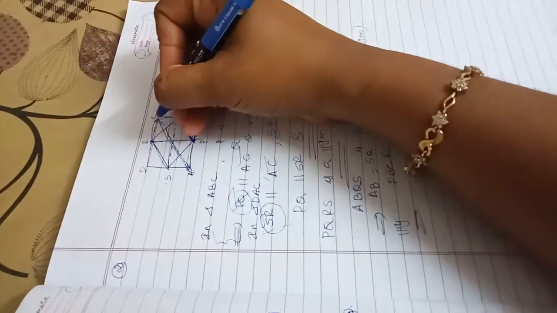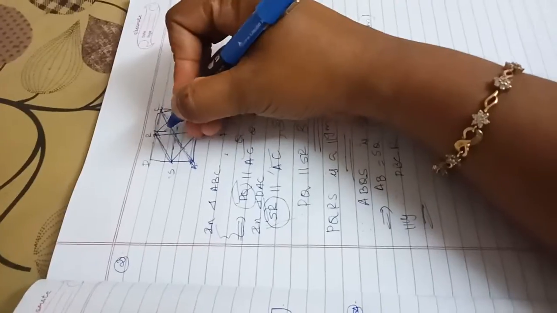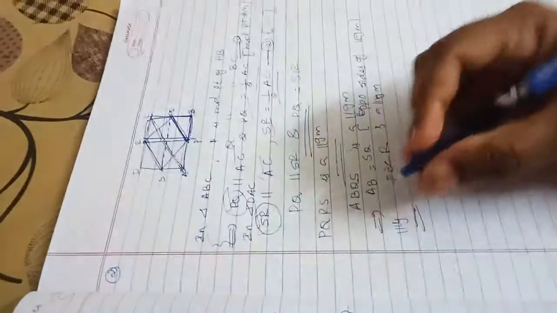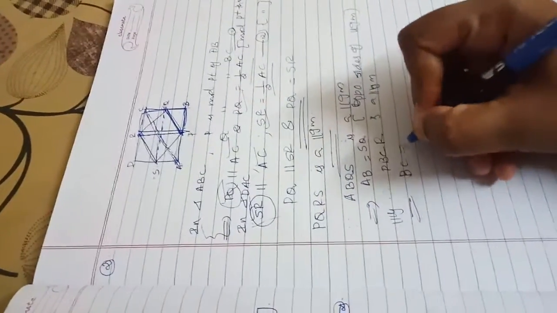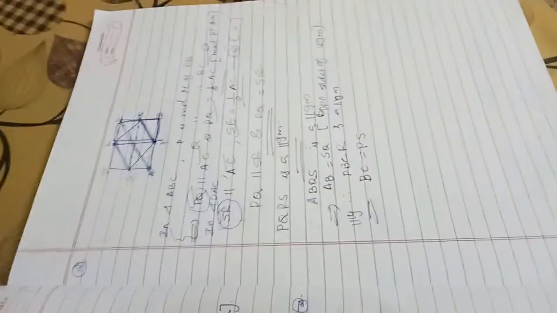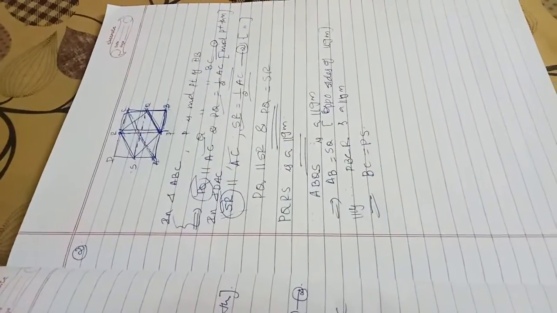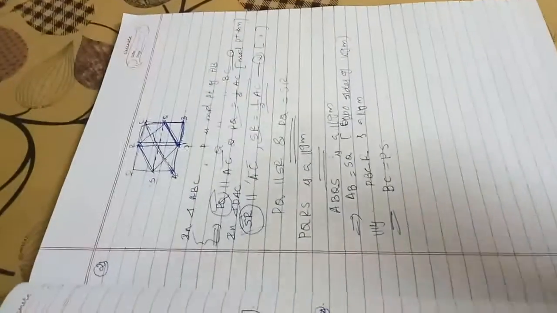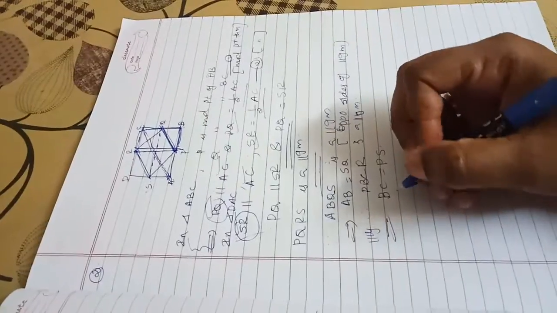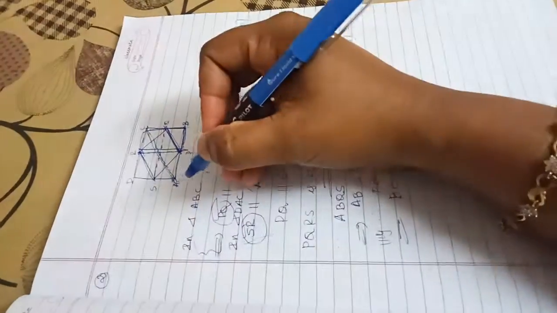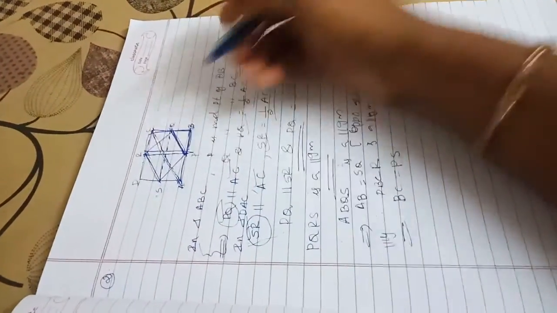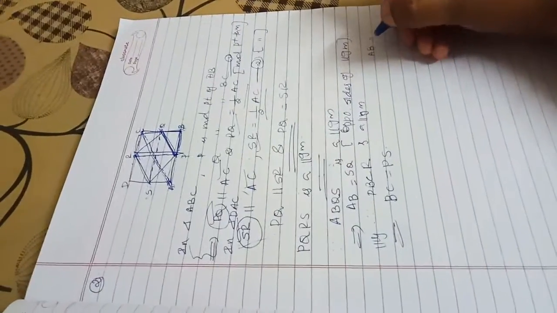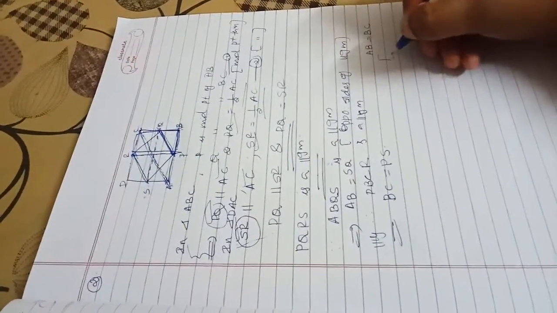BC and PR are the opposite sides, so BC is equal to PR. Again we can write SQ is equal to PR, because we know that AB is equal to BC. What is the reason? Because ABCD is a rhombus.